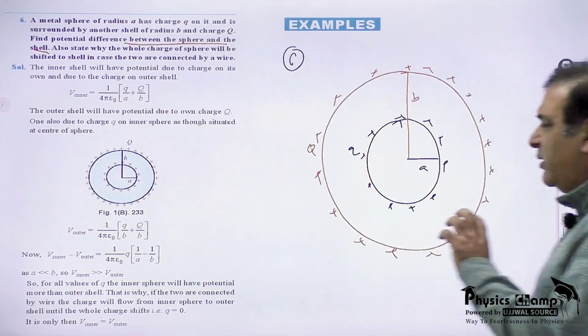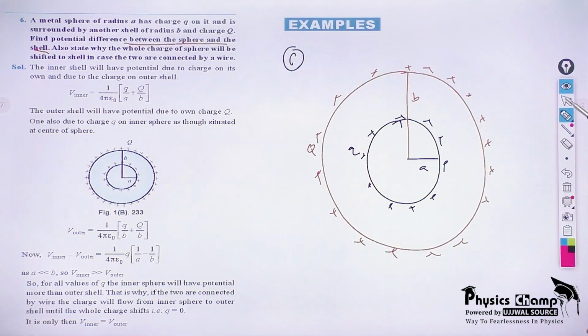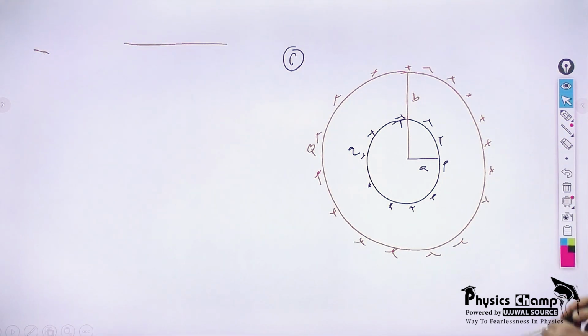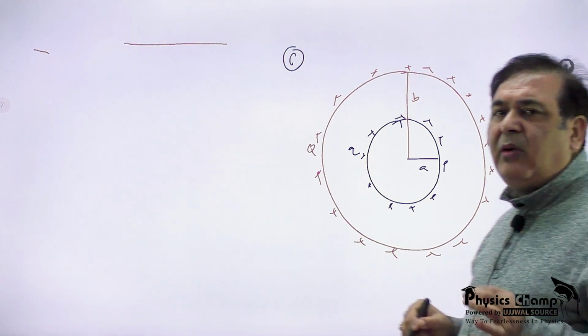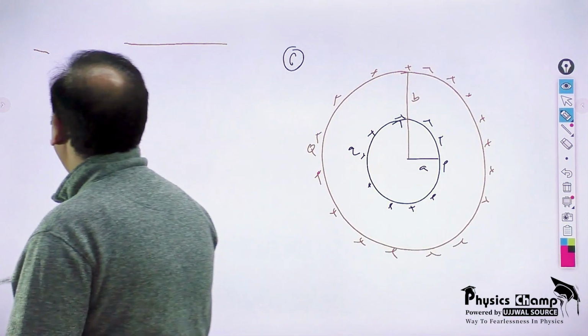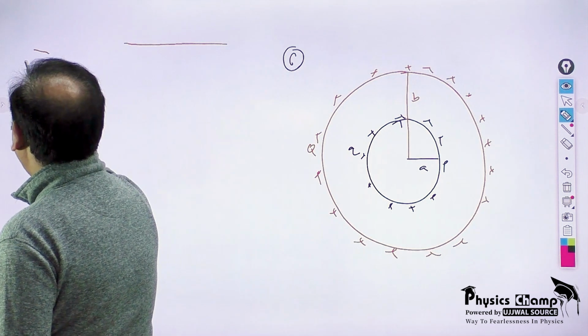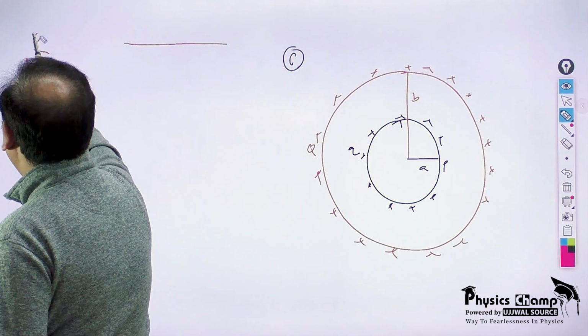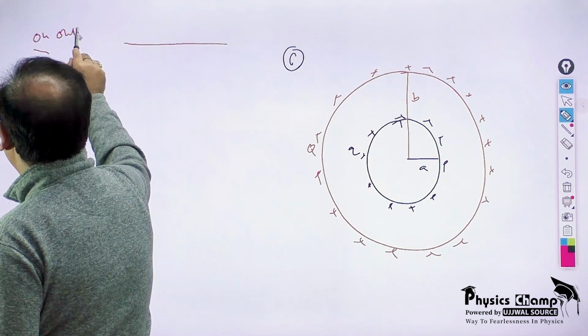I'll first take the first part of the question and then I'm coming to the next part. I want the potential on the outer shell first. On the outer shell.